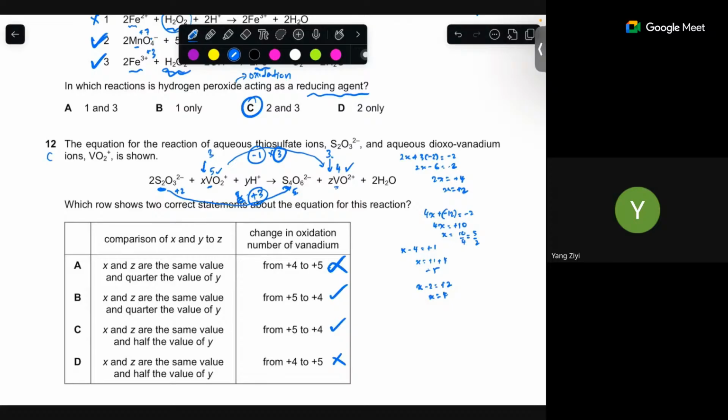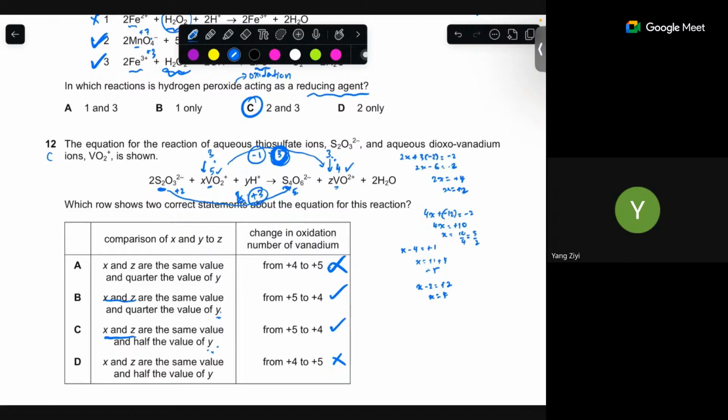Whatever that I times over here must be the same. So X and Z must be the same. And then the value of this, half or quarter, let's check.